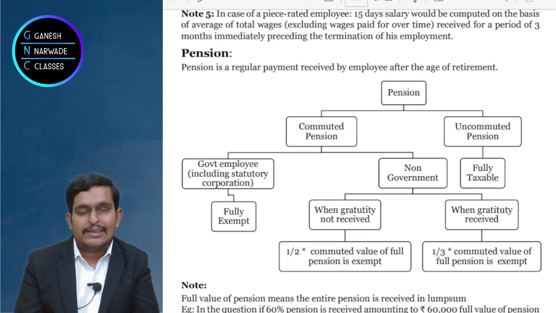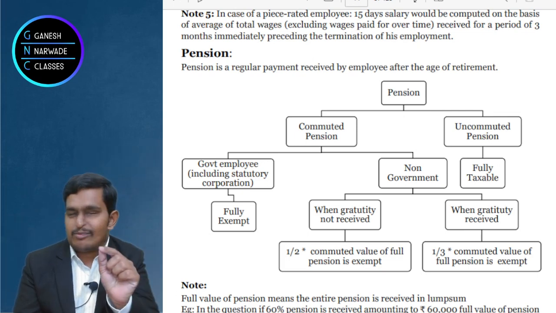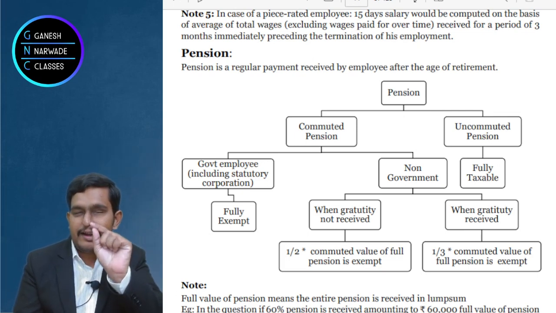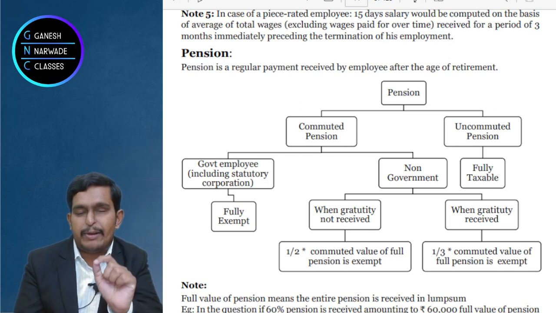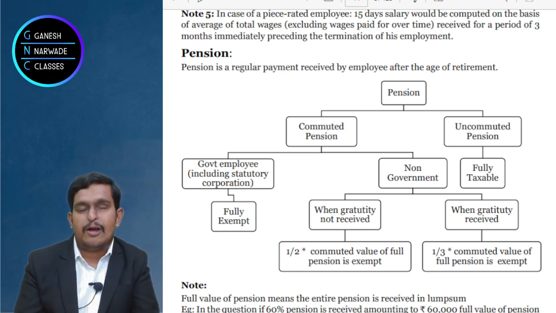So 1 lakh into 100, divided by 25, comes to 4 lakh rupees. Whatever you received into 100, divided by the percentage commutation, gives the full value of pension. Now 4 lakh is the full value of commuted pension. 4 lakh into 1 by 2, or 4 lakh into 1 by 3, is exempt.